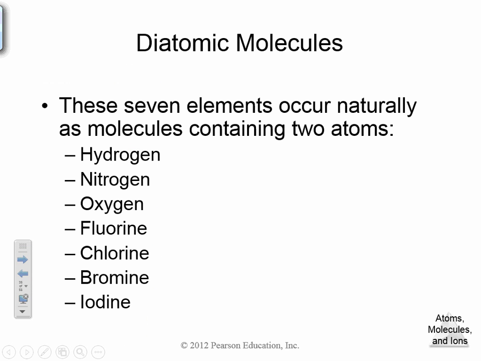Now, one thing to remember: when we are talking about elements, there are 7 elements on the periodic table which bond with themselves and exist naturally as diatomic molecules. And the 7 are listed there. One of the ways you can remember that is "heck no halogens."